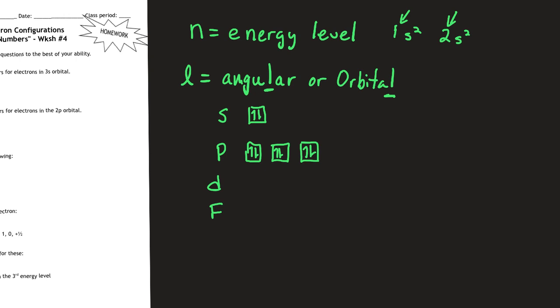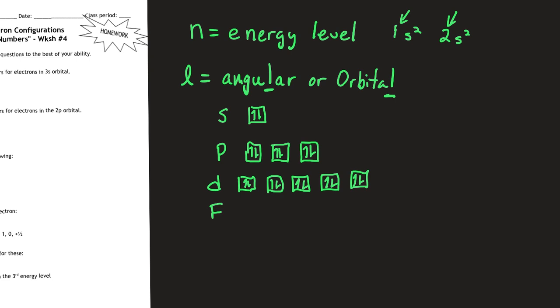The d orbital has 5 suborbitals: 1, 2, 3, 4, 5. Because remember, in the d block, we can fit 10 electrons. So we have 5 individual electrons spinning up, and we have 5 electrons spinning down. And that fills the d orbital.